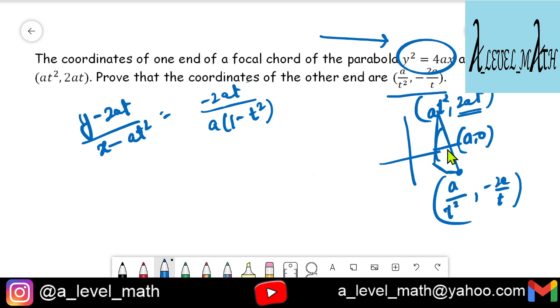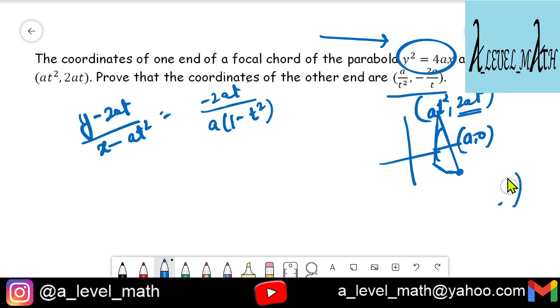So now we know that this focal chord also passes through this third point whose coordinates are given. If we can show that this indeed satisfies this equation, then we are done. But we have to actually prove that this is the other end. We cannot assume that this is the other end.